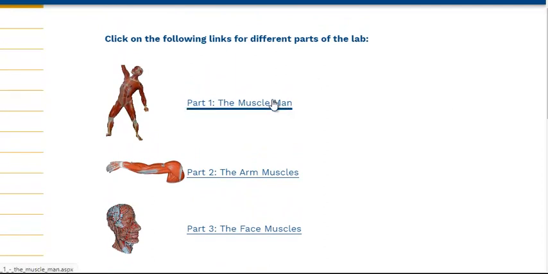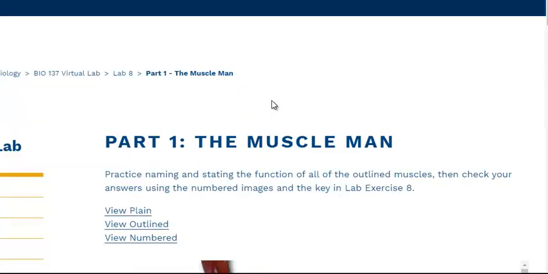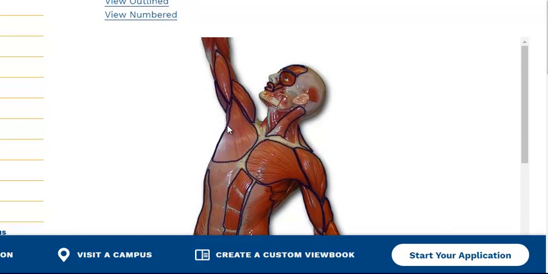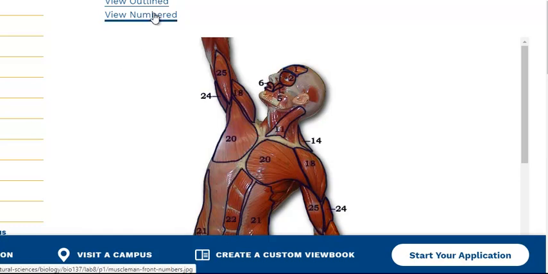So here's part 1, the muscle man. And you can view it as plain with nothing or outlined. So they draw a picture around each, like here's your pecs, your pectorals, or you can have it numbered like that.